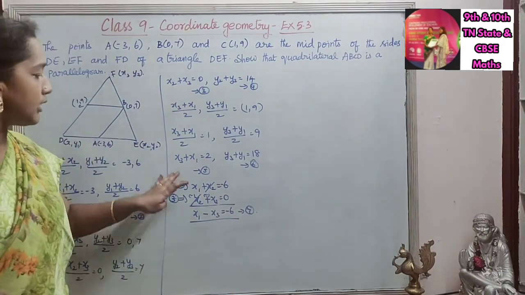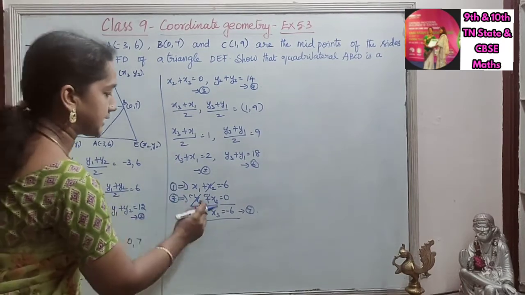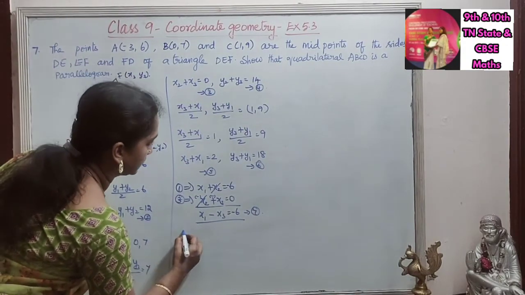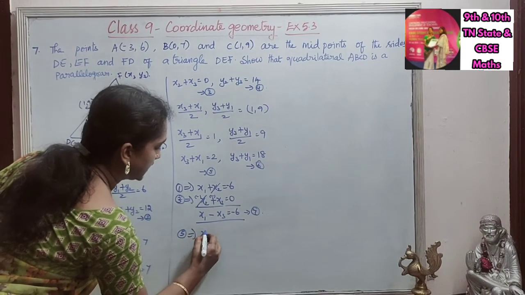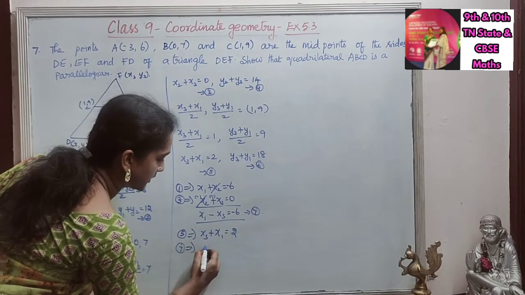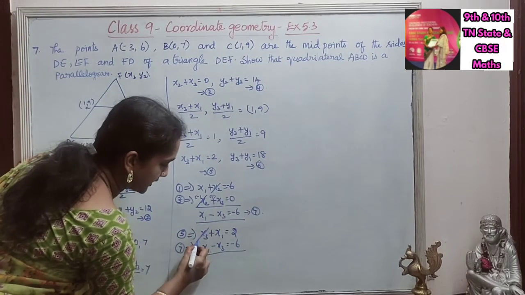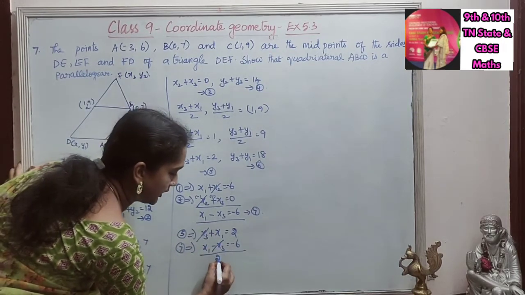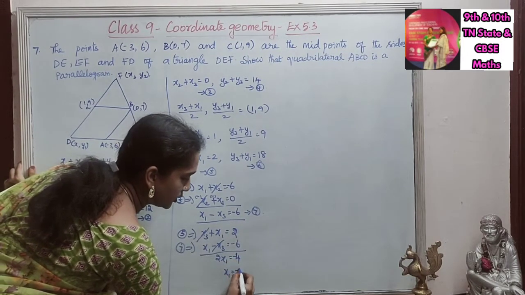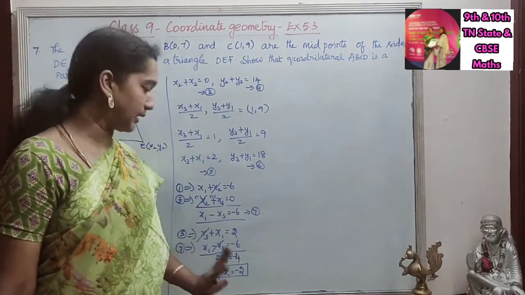Now when we solve this, x3 will get cancelled and we will get the value of x1. The fifth equation is x3 plus x1 is equal to 2 and the seventh equation is x1 minus x3 is equal to -6. So plus x3 minus x3 will get cancelled. So we will get 2x1 is equal to -4. So x1 value is minus 2.